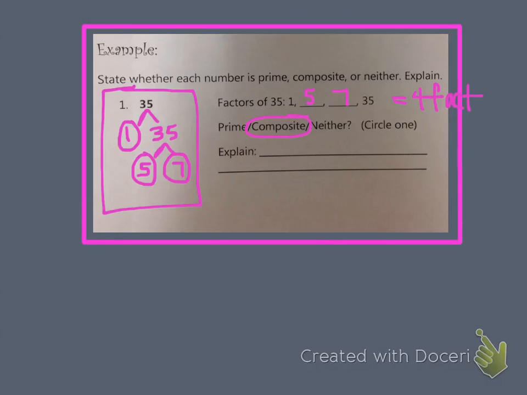Since 35 has more than two factors, it is a composite number. And that would be our explanation every time that we find a composite number.